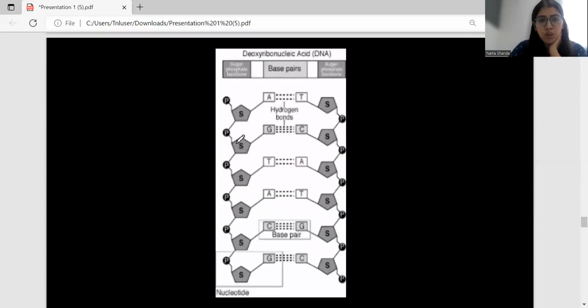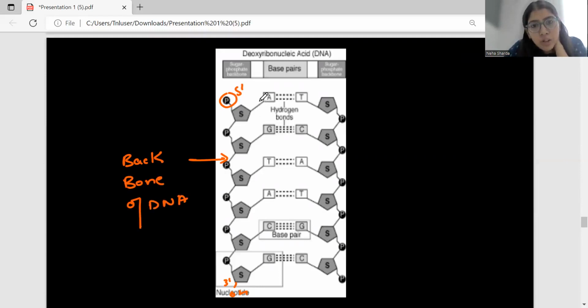Sugar, phosphate, sugar, phosphate, sugar, phosphate. So at 5' position we have phosphate, at 3' we have hydroxyl. So this sugar phosphate will form backbone of DNA. Now, these nitrogenous bases which are attached to sugar will form hydrogen bond with another long chain, with another polynucleotide.